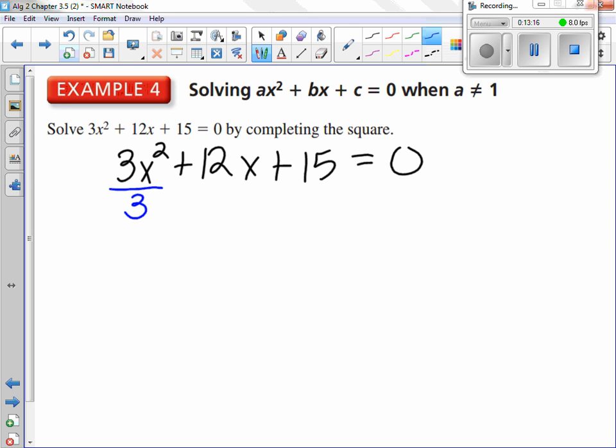If I said, is 3x squared divided by 3? Well, 3 divided by 3 is 1.